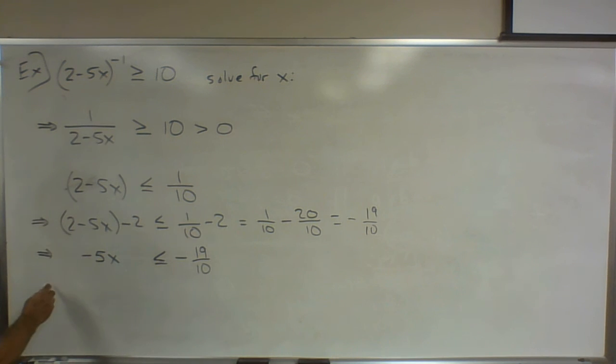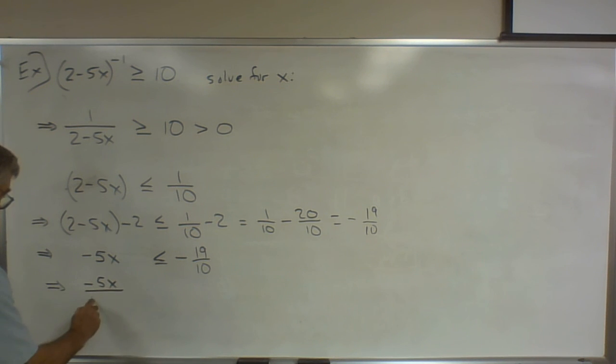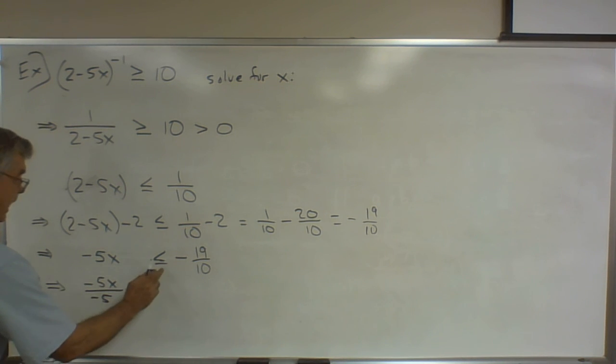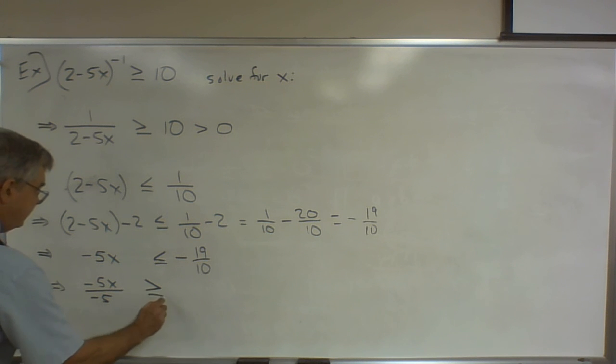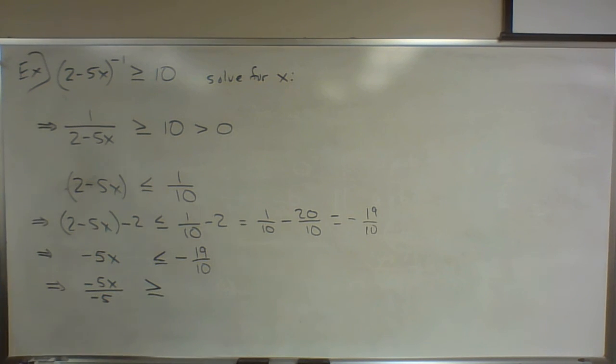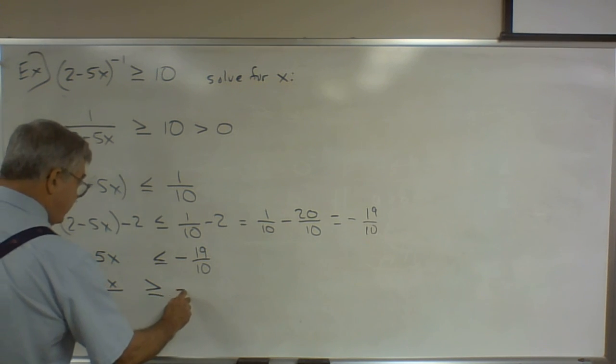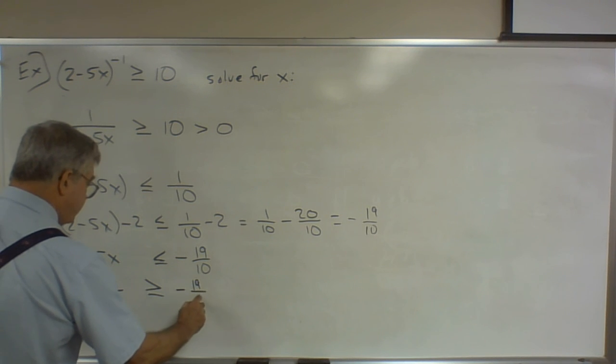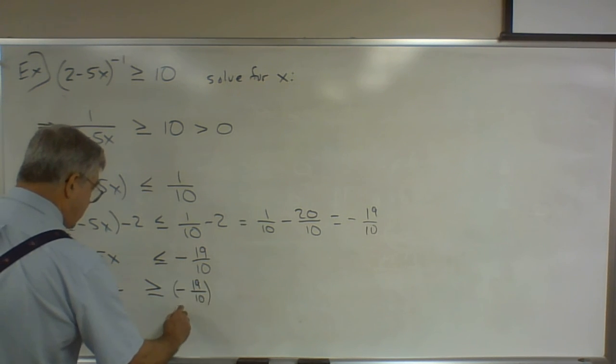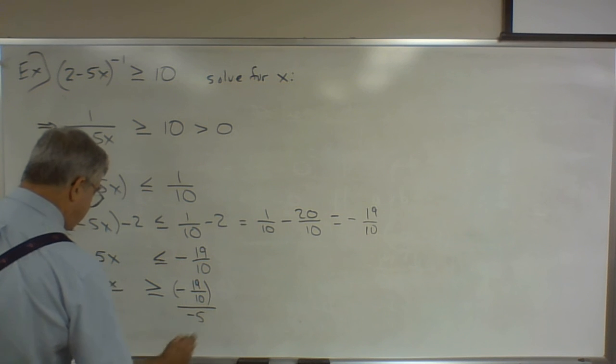I think I want to divide both sides by negative 5. And when I do, I'll switch the direction of the inequality. I'll take negative 19 over 10 and divide that by negative 5.